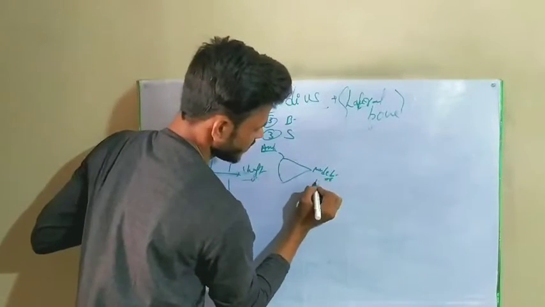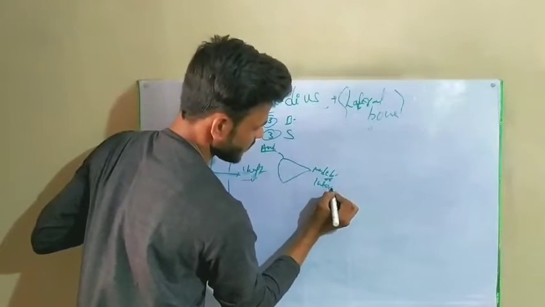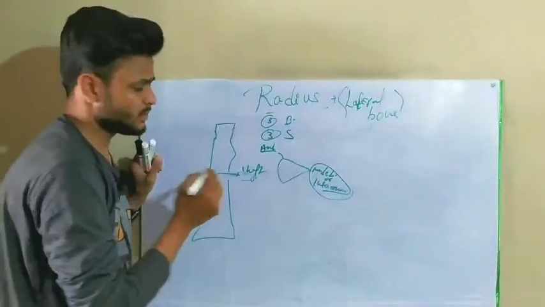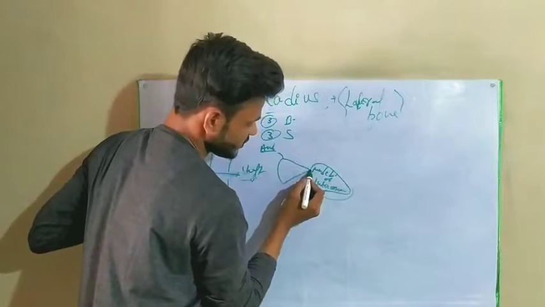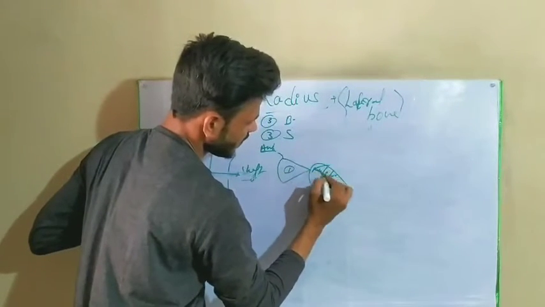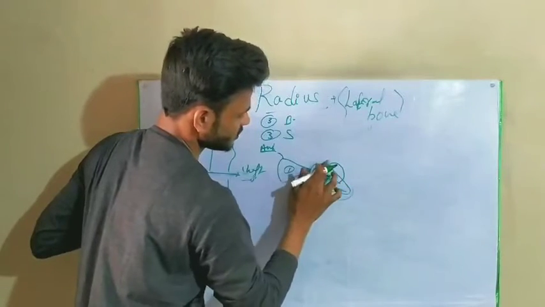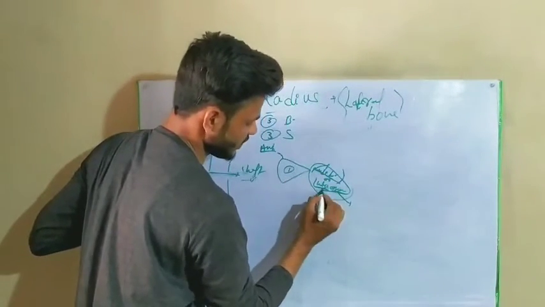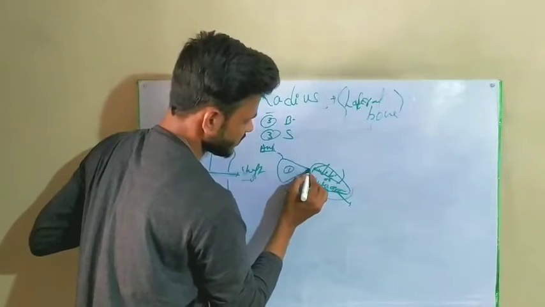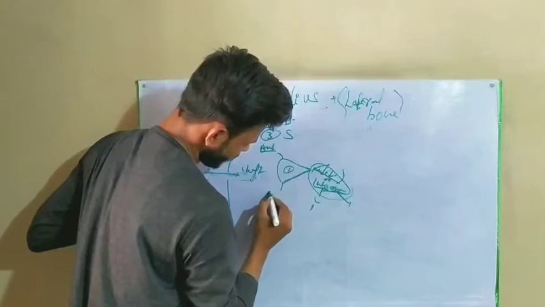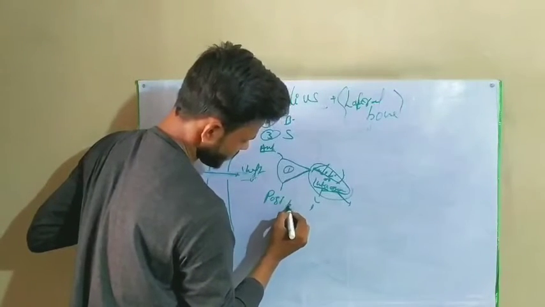Why is it called interosseous? Because this border is situated between two bones, the radius and the ulna. Osseous means bone, inter means in between. That's why it is called the interosseous border, and this border is our posterior border.